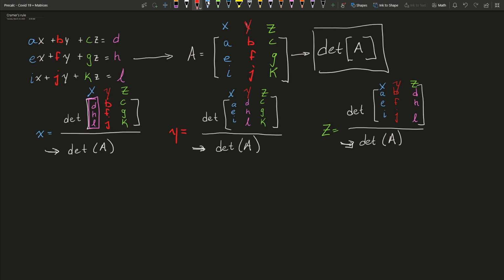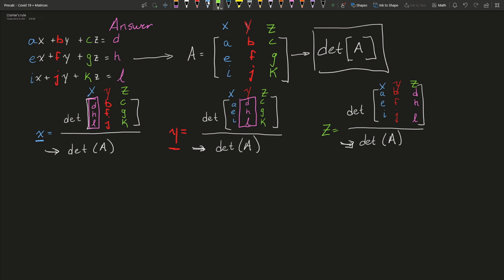Okay. And the numerator is the coefficient matrix with everything the same except the column that you're trying to solve for. Okay, so for this x, we're trying to solve for x. So we replace the x column with our answer column. Okay, for the y, so for solving for y, we replace our y column, our middle column, with the answer column.